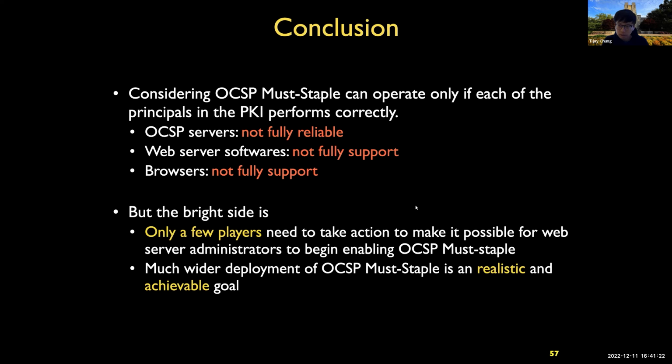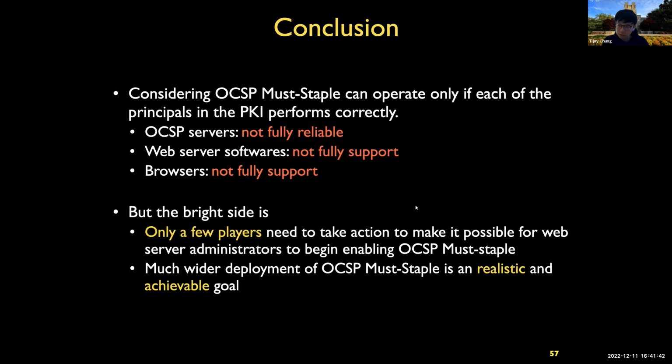But in our last class, we investigated two major open source web server software, which are Apache and Nginx, and none of them at the time were fully reliable. Right. The last piece of the stakeholder is the browser.